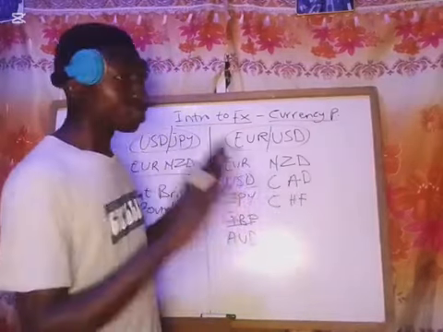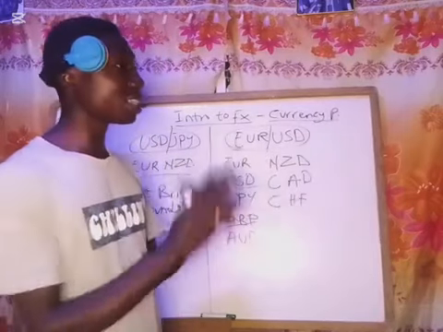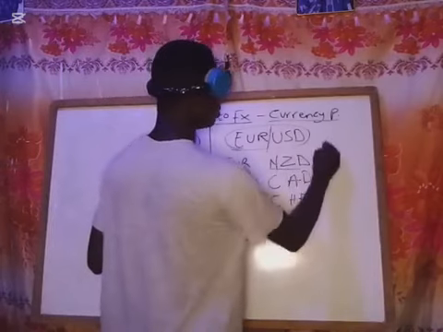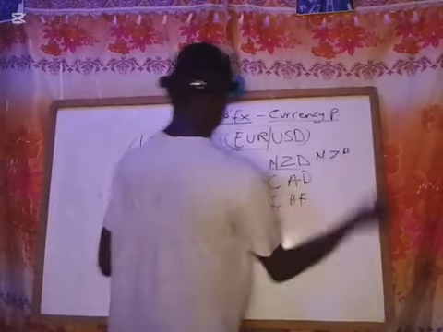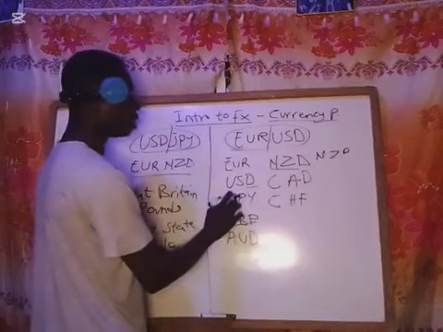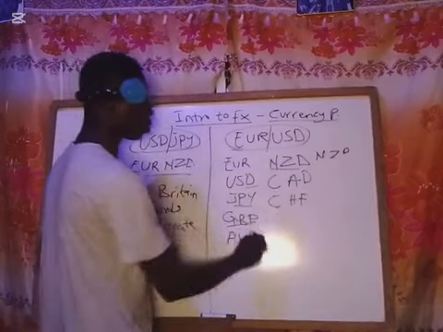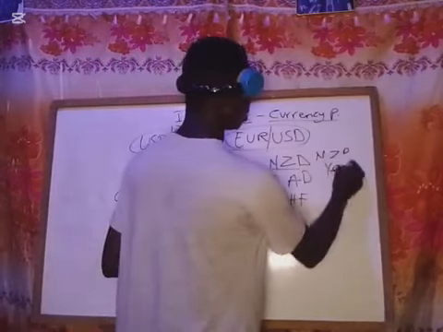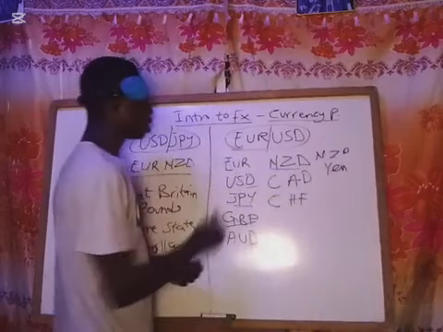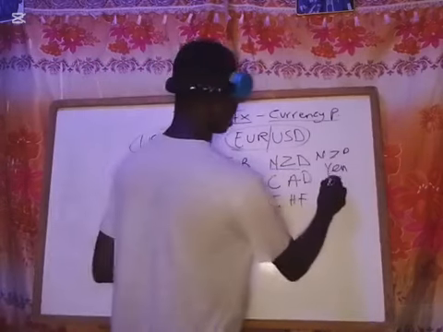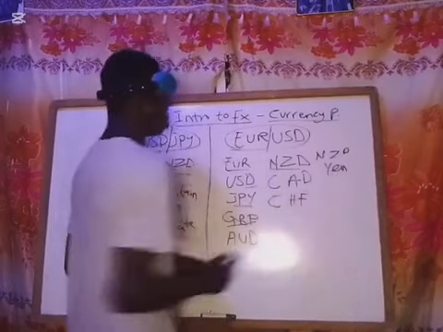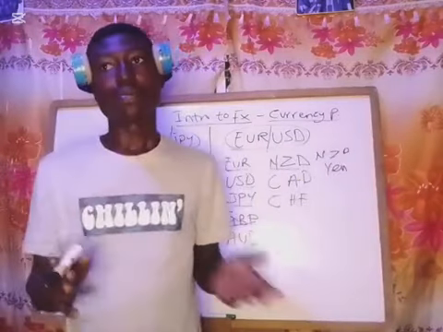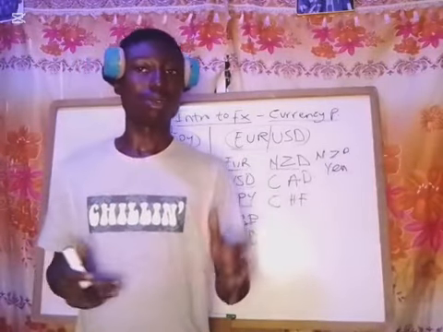So every country has its own currency. New Zealand dollar, that's it. JPY stands for Japanese. What do the Japanese spend? They spend the yen. Euro is the same thing. They spend the euro. So every country is identified by its own currency.